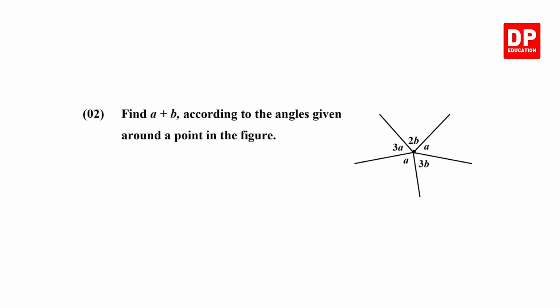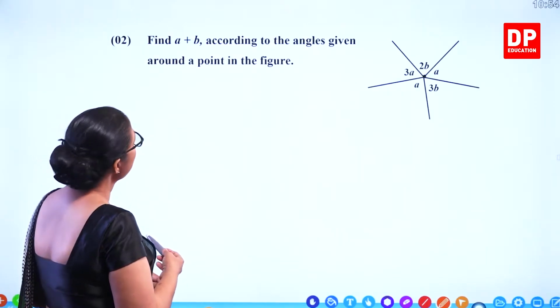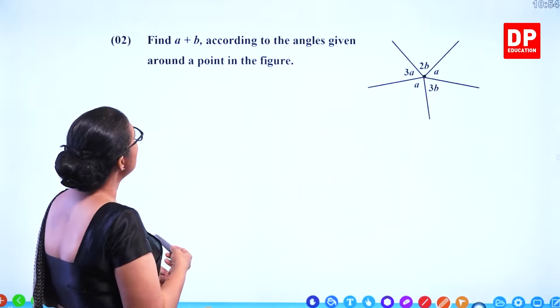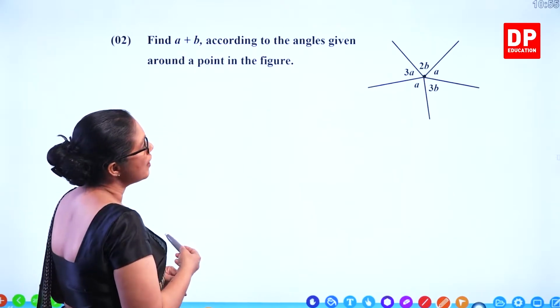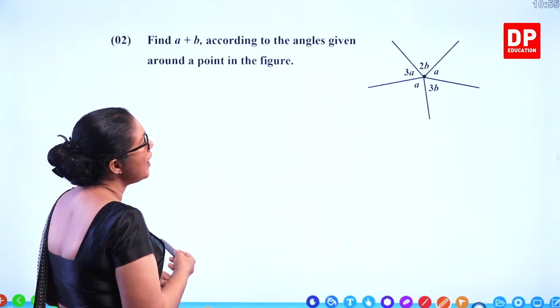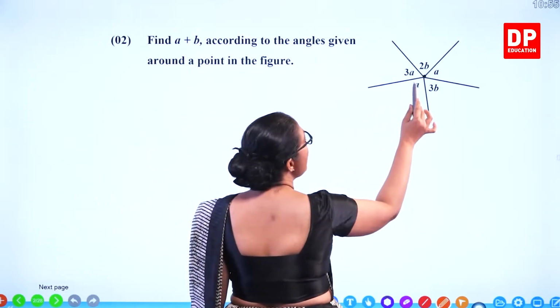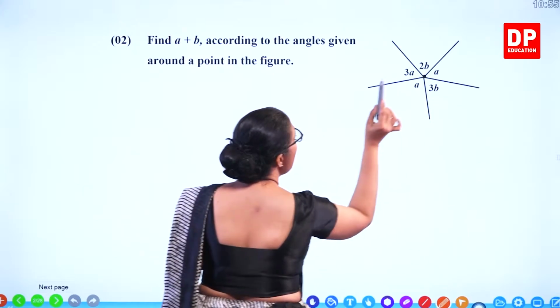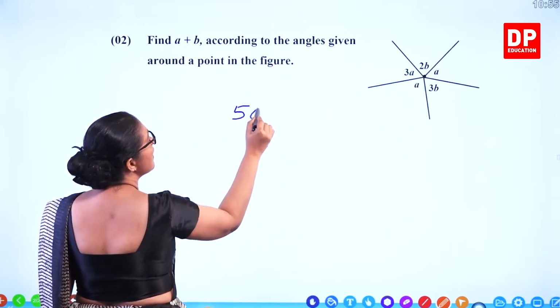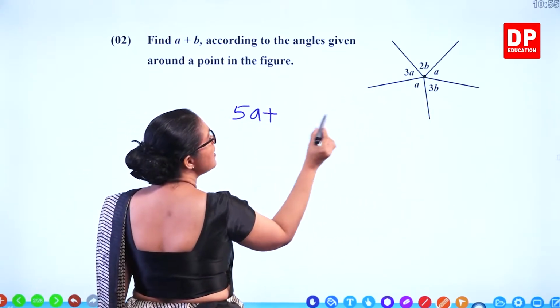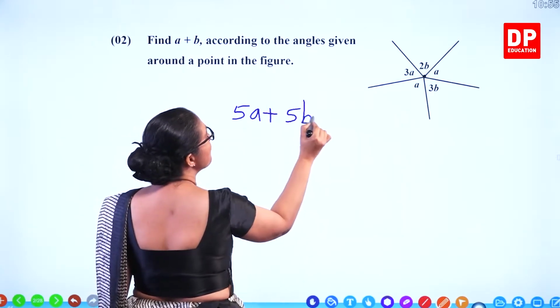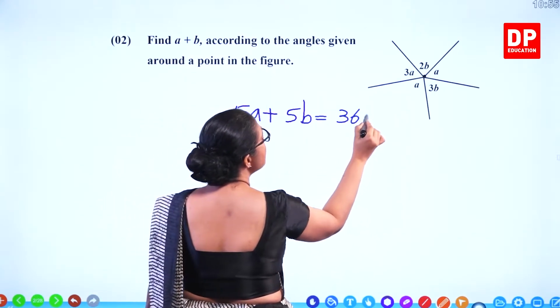Question number 2. Find a plus b according to the angles given around a point in the figure. Around the point, the sum is 360. We'll add it: 3a and a, 4a. 4a and a, 5a. And 2b and 3b, that's 5b. That's equal to 360.